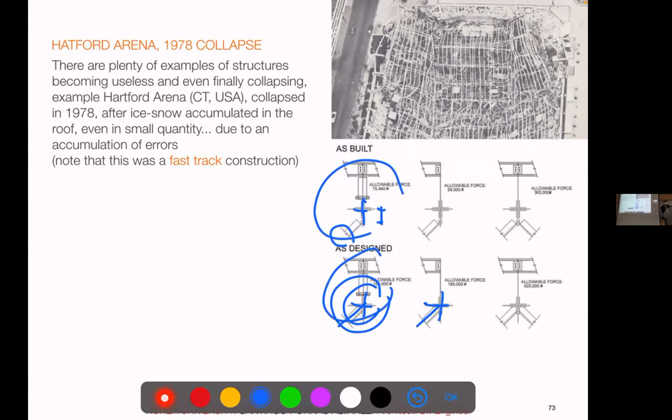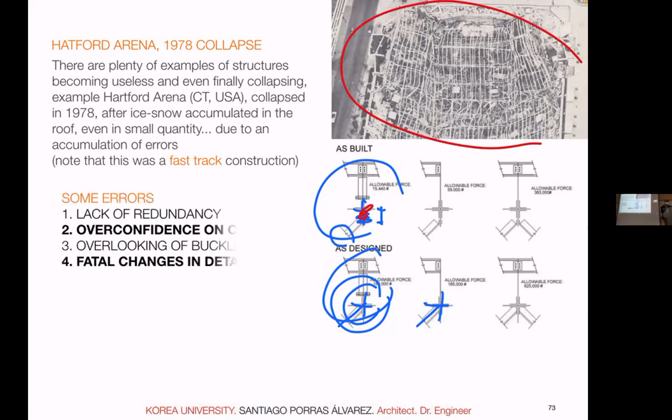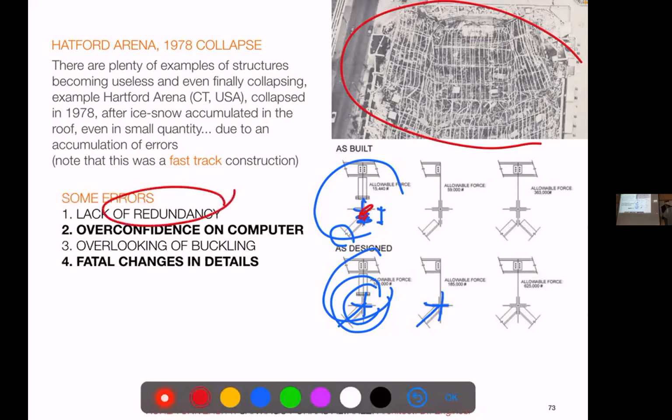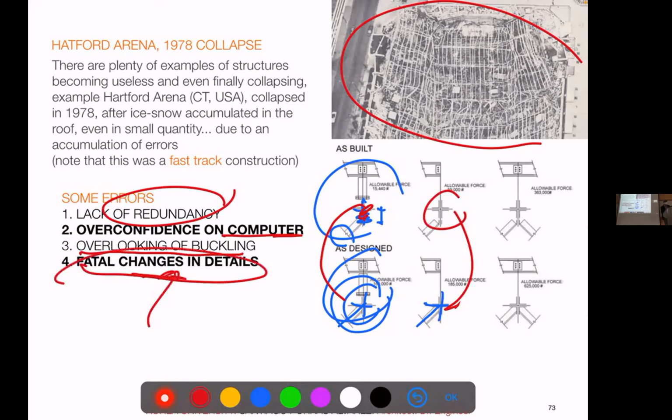And then you have those eccentricities in this area, right? Which you don't foresee. And then the whole arena collapsed. Fortunately, without casualties. So again, there's no redundancy. It was thinking the computer solved everything, but they didn't check the construction really matched the computer hypothesis. Overlooking of buckling, right? And fatal changes in details, again, changes, right?